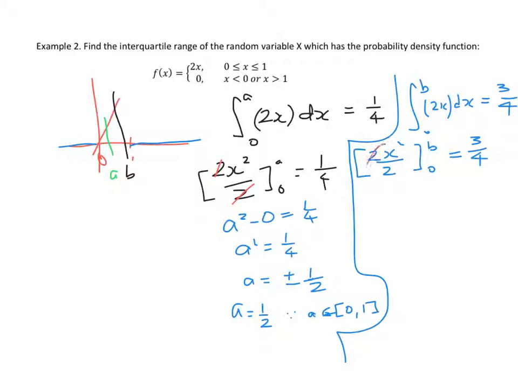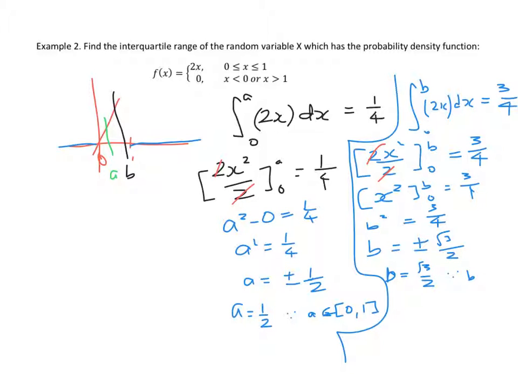I can cancel the 2's down. I get x squared from B to 0 equals 3/4. So we have B squared minus 0, which we don't have to write in, equals 3/4. So B is equal to plus or minus the square root of 3 on 2. Again, B is only the positive because B is between 0 and 1.